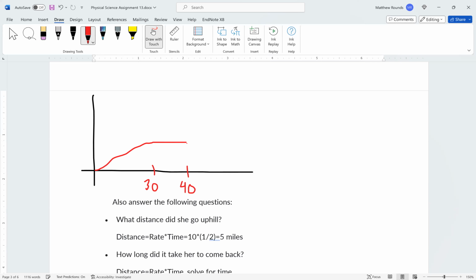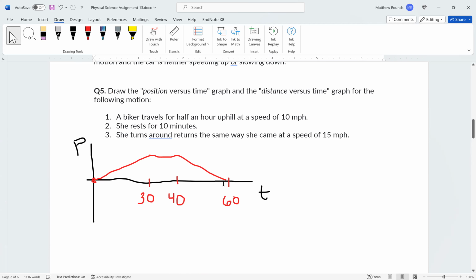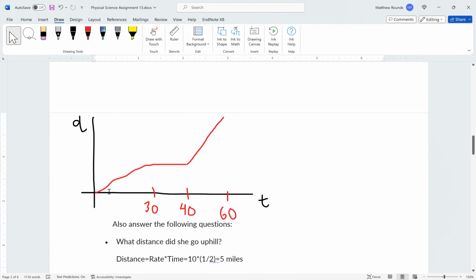But then the difference is here, they have more distance for the next 20 minutes because the distance the person is riding their bicycle increases, even though they're coming back to home. So the main difference between these two graphs is that in position, you're coming back home, but in distance, you keep going. Your distance increases as you're riding your bicycle, even if you're coming back home.